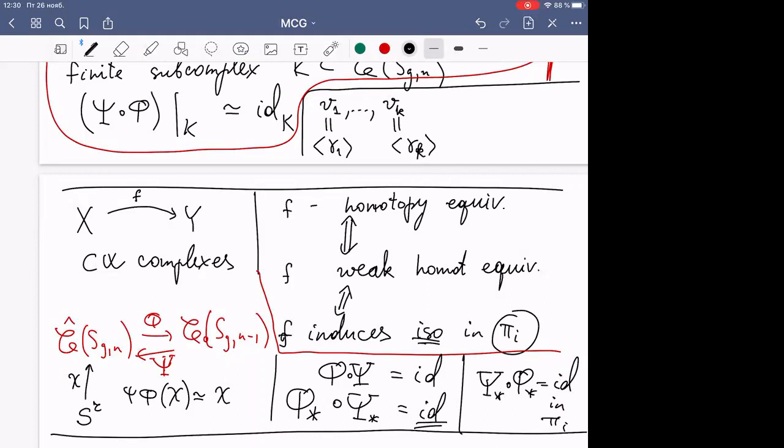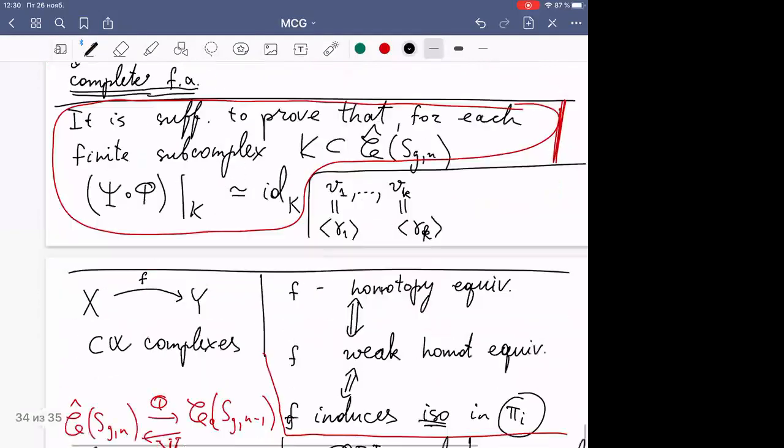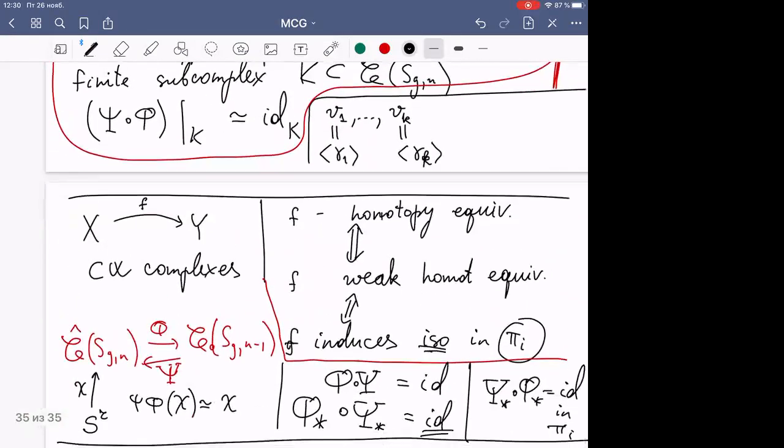So it is only for equivalences. For instance, if a map induces zero maps in homotopy groups, equivalently, if a map is trivial on any finite subcomplex, then it is not always true that it is homotopically trivial. There are such phantom examples that a map between CW complexes is homotopically non-trivial but is trivial restricted to any finite subcomplex. But for equivalences, this is true. And here is the proof.